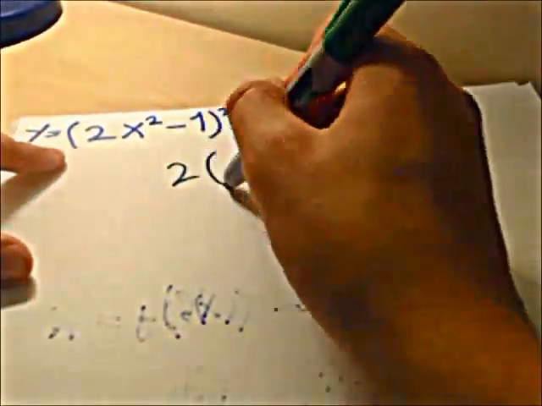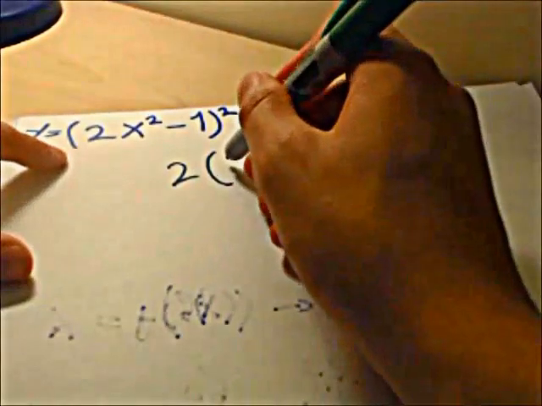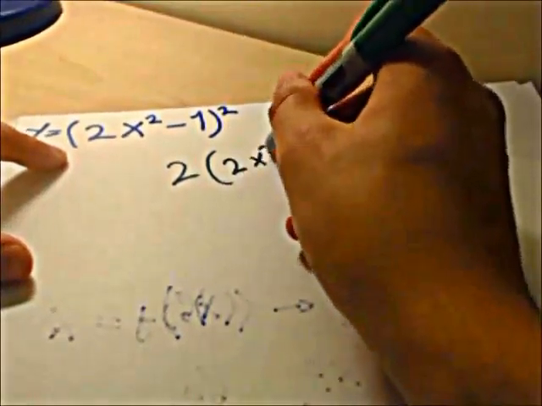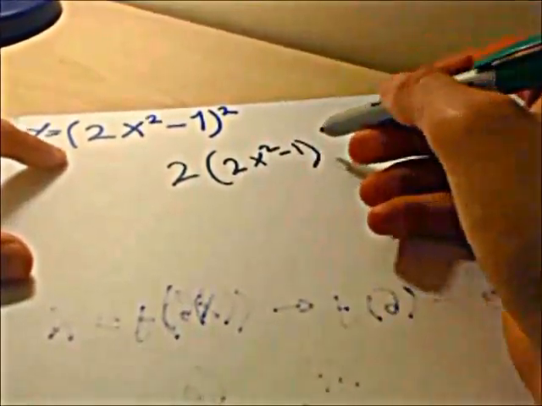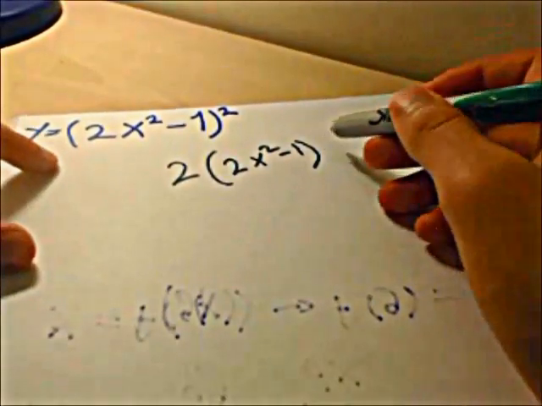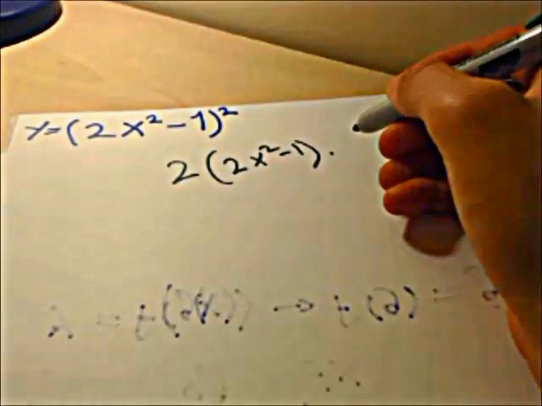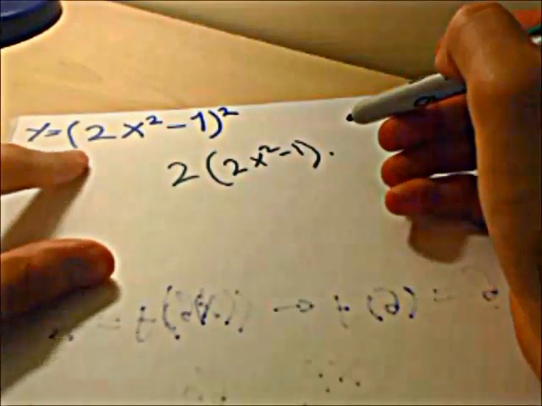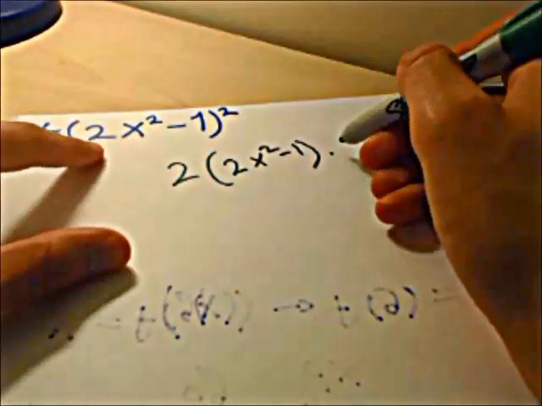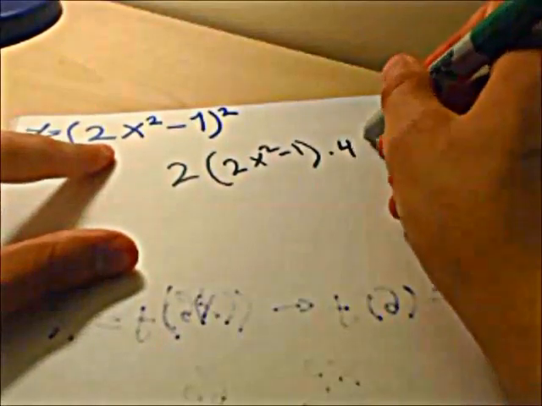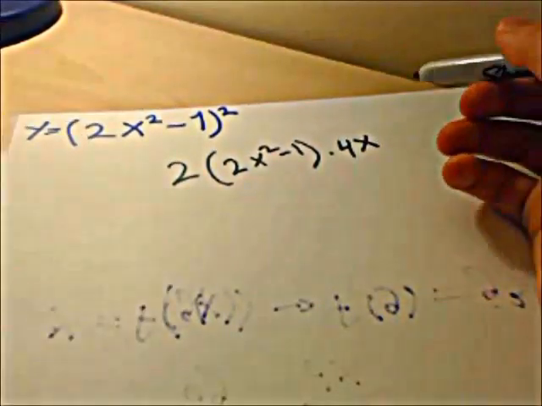So it's going to be 2 times whatever is in the parentheses, (2x squared minus 1), and we take 1 from the power as we usually do, and then times the derivative of what's inside the bracket. The derivative of 2x squared is 4x, and the derivative of 1 is 0.